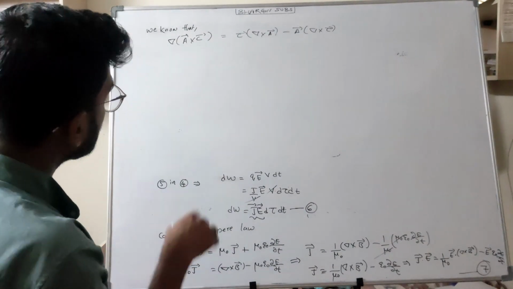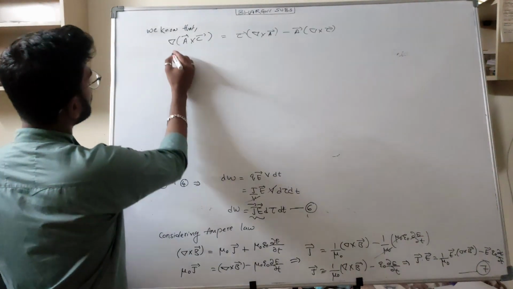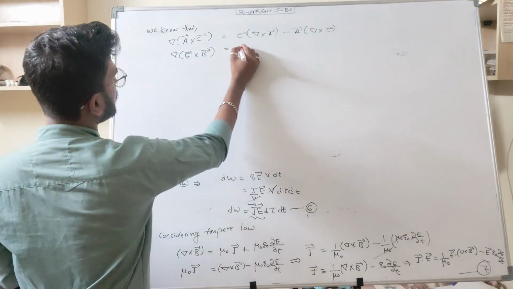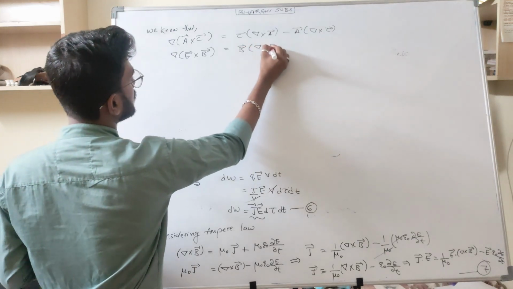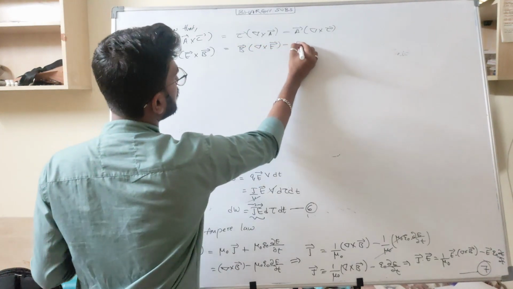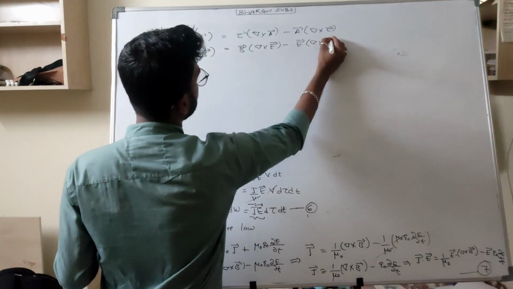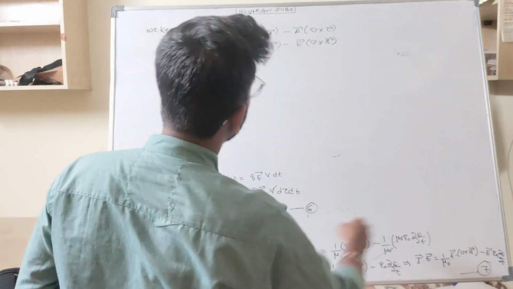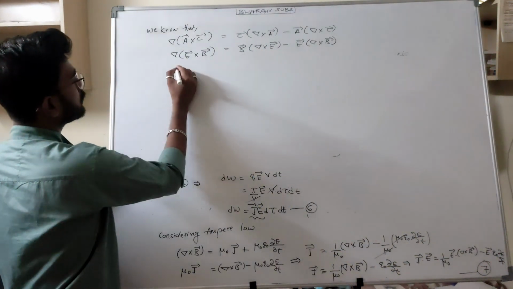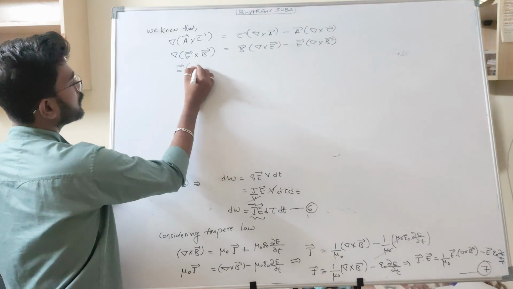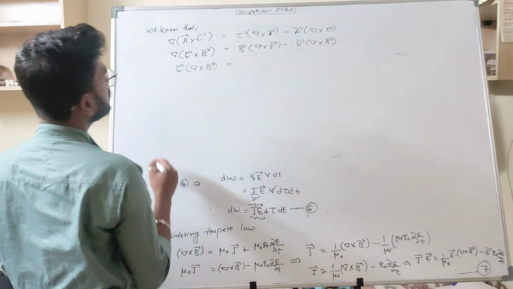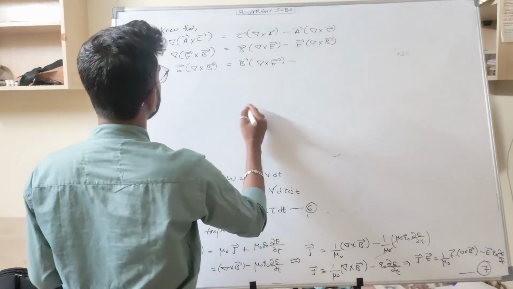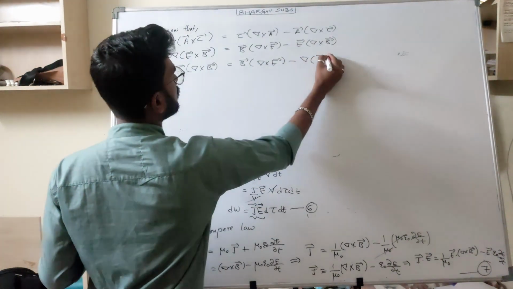So I will write now del of E bar cross B bar. Then how it can be written? B bar of del cross E bar minus E bar of del cross B bar. Again, I want here E bar of del cross B bar. So I want to write that. So E bar of del cross B bar is equal to B bar of del cross E bar minus del of E bar cross B bar.